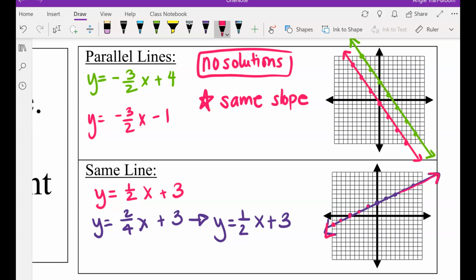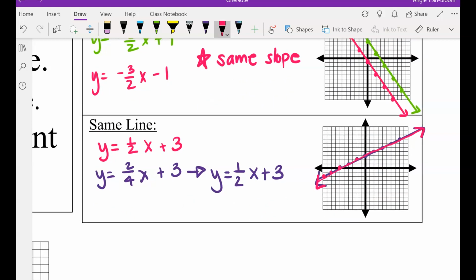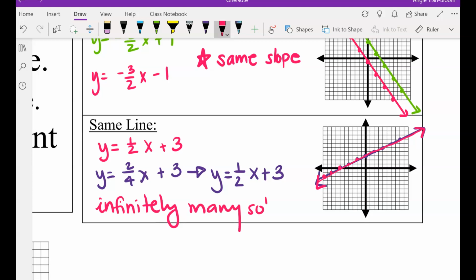Now, how many answers do you have? Yes, guys, because they intersect at every single point, the solution is called infinitely many solutions, okay? That means I cannot count. There are just way too many for us to start counting.